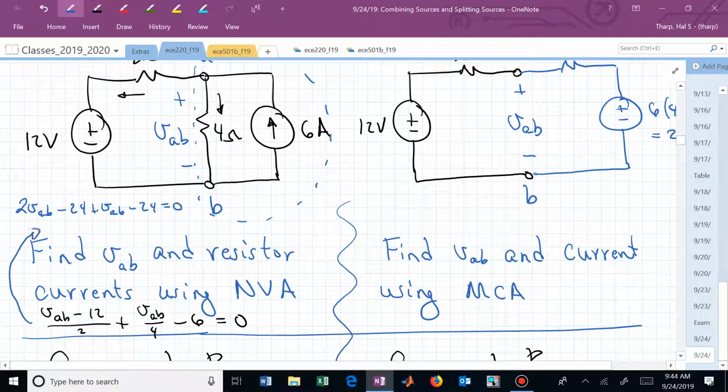That's just this multiplied by 4. And we now have 3 V sub AB equaling 48, or V sub AB is now equal to 16.